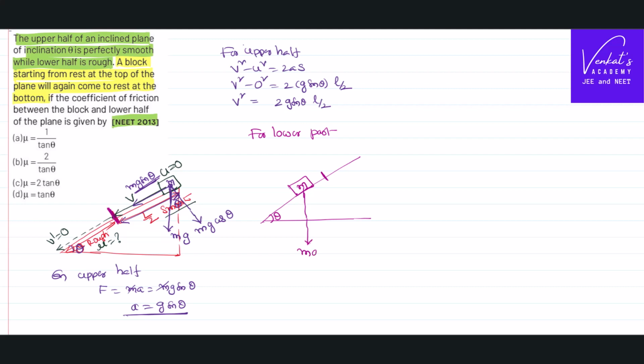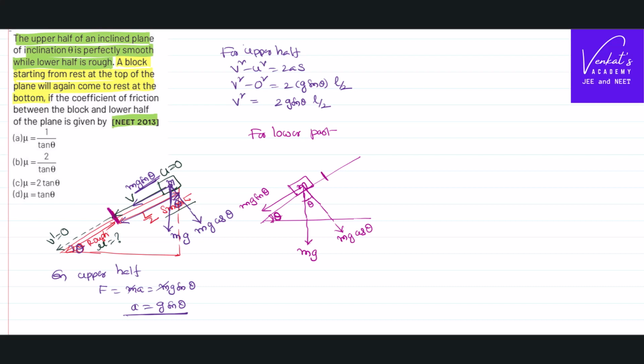So weight mg acts downward, which can be resolved into components; as we have solved many times in friction, this angle is also equal to theta. This becomes mg cos theta, and this becomes mg sin theta. So mg sin theta is the force pulling the block down the inclined plane.